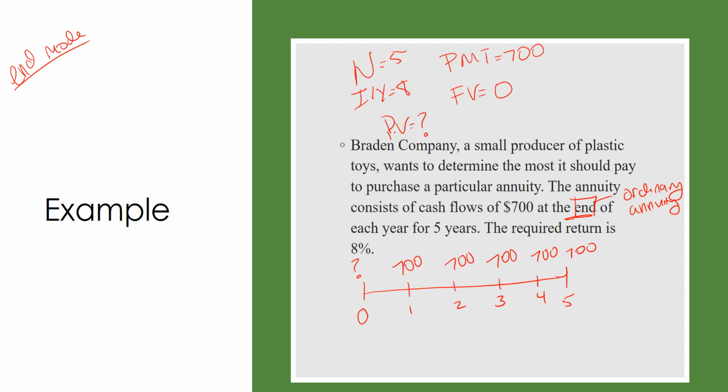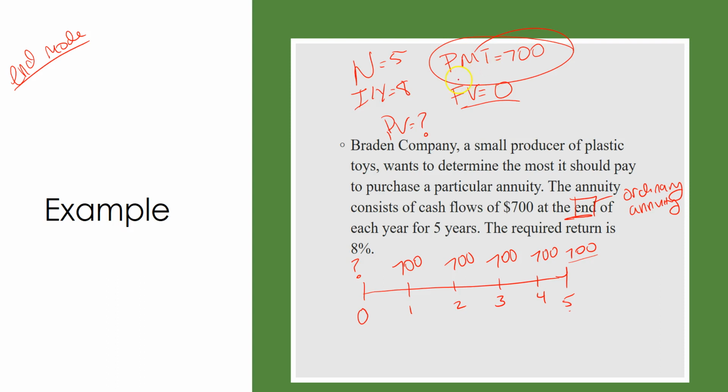Now this is where some students get confused. Whenever I say that the future value is 0, they say, oh wait, look, in year 5 there's a $700 cash flow. This payment encompasses a single, equal cash flow for every single period, years 1 through 5 in this instance.